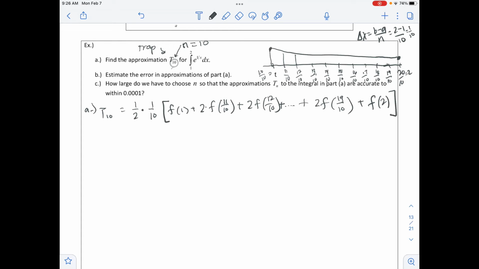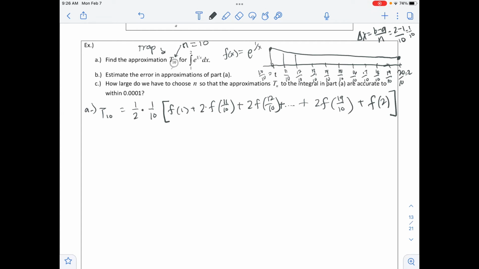That's by the formula. For the trapezoidal rule and any of these approximations, it's a lot of button pushing on your calculator. Our function f of x is equal to our integrand, e to the 1 over x.